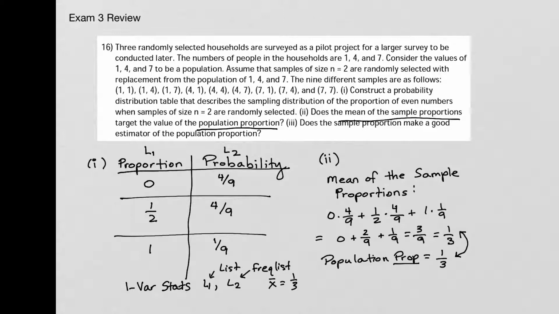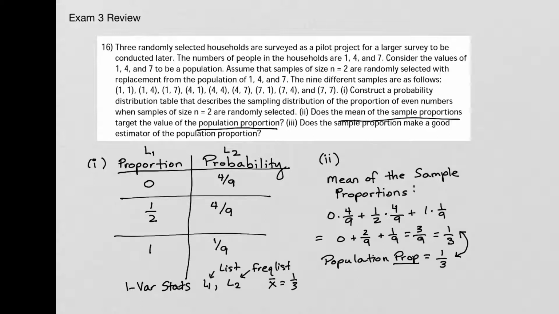So keep in mind that the sample mean, sample proportion, and variance are all values that target the value of their respective parameters, and so they all make good estimators of their parameters. And if we're talking about the median, the range, or the standard deviation, we're going to say it does not target the value of the population, whatever the parameter is, and they do not make good estimators of that parameter.